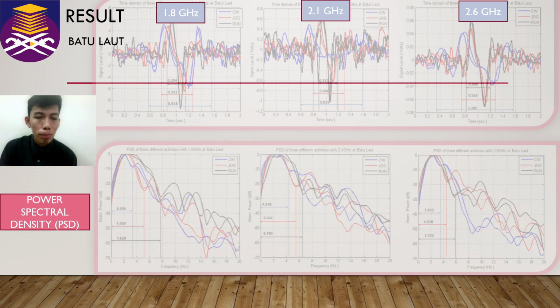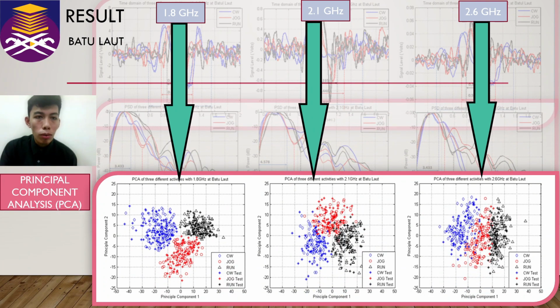Next, for principal component analysis, for 1.8 GHz, each cluster is situated away from each other. For 2.1 GHz and 2.6 GHz, each cluster overlaps with each other. At Batu Laut, the frequency of 2.6 GHz is the worst, which can be seen in the PCA graph at Batu Laut, more distributed in comparison with Kampong Bangkok because of the LTE signal strength.